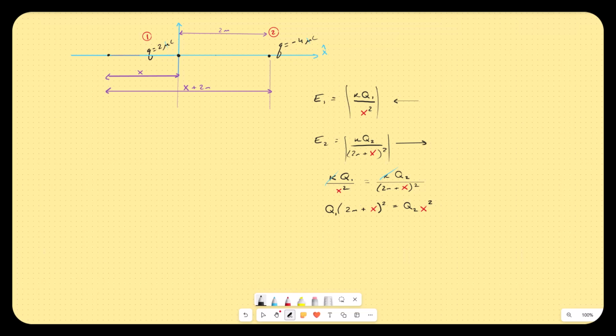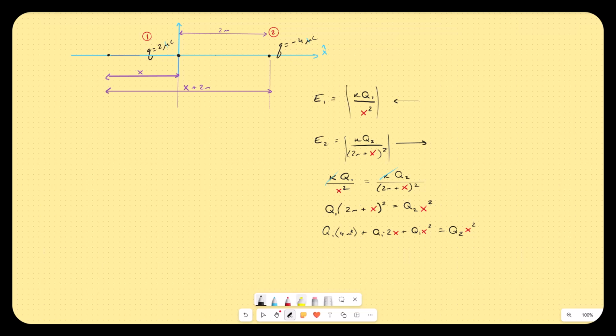And now I'm going to expand this out. Get a q1 times 4 meters squared. I'm going to get a q1 times 2x. And I'm going to get a q1 times x squared equals q2 times x squared. All I did was expand out the parentheses. And then I'm going to move everything over to one side.